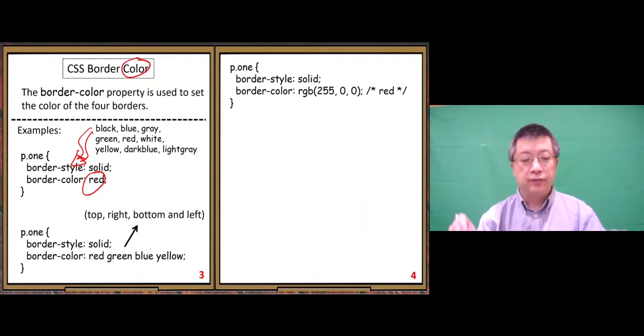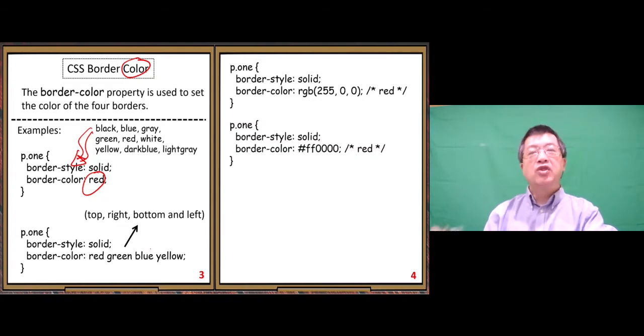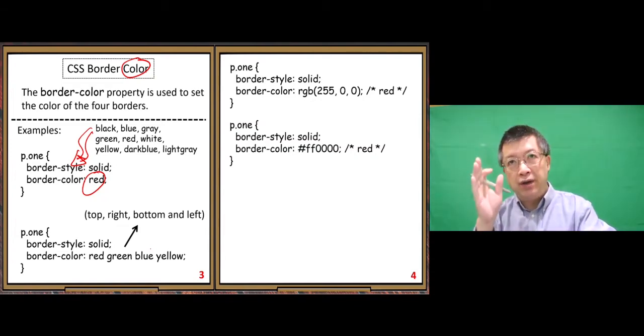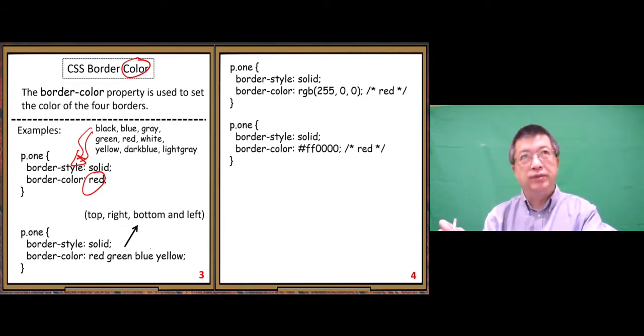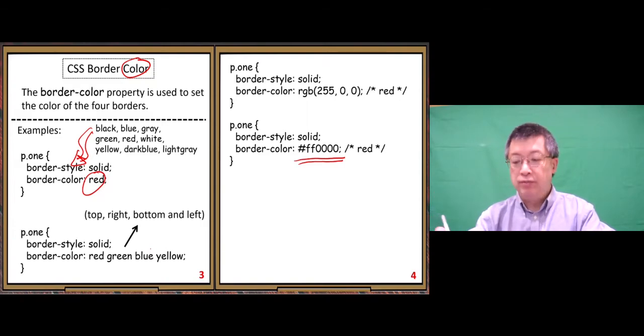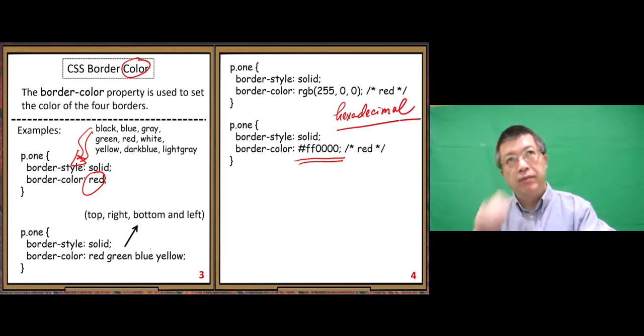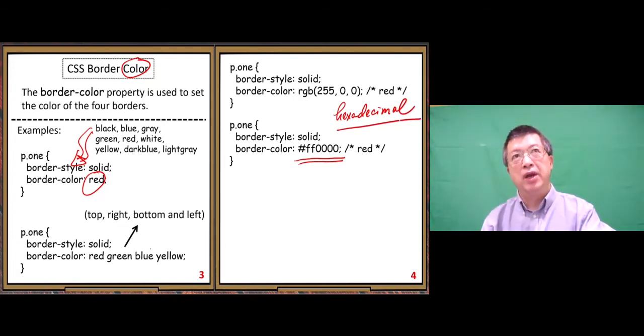Next, we can also represent colors using another way. This way is also pretty popular: hexadecimal. This is another commonly used color method, especially for CSS.